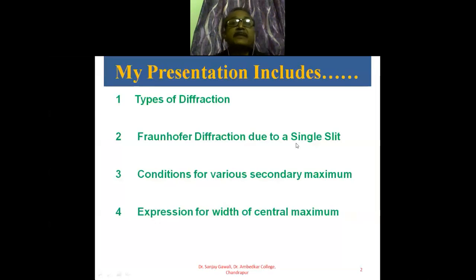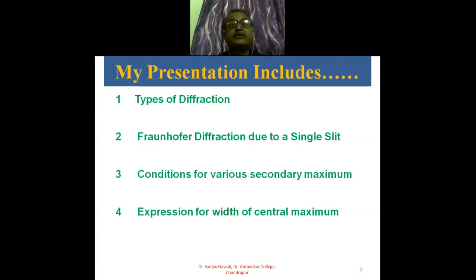Today's presentation includes the types of diffraction, then the Fraunhofer diffraction due to a single slit, and in this Fraunhofer class of diffraction due to a single slit, we will obtain the condition for the various secondary maxima, and after that we will obtain the expression for the width of the central maximum.